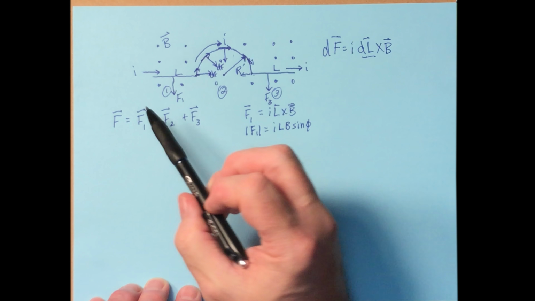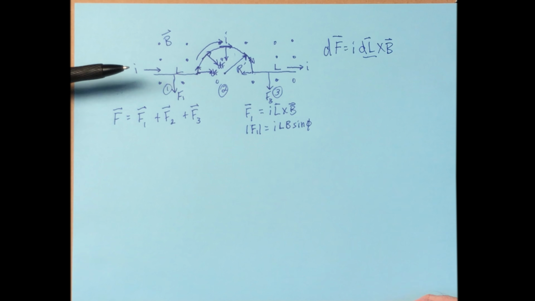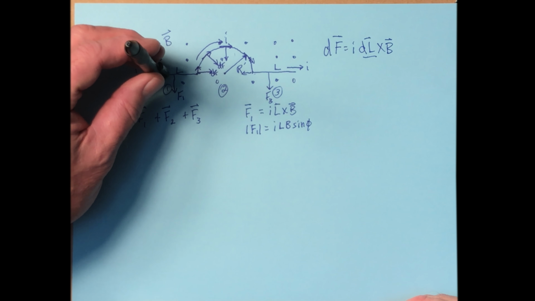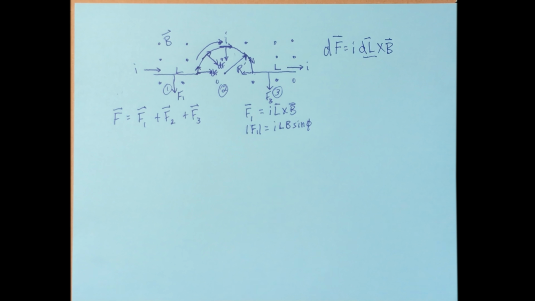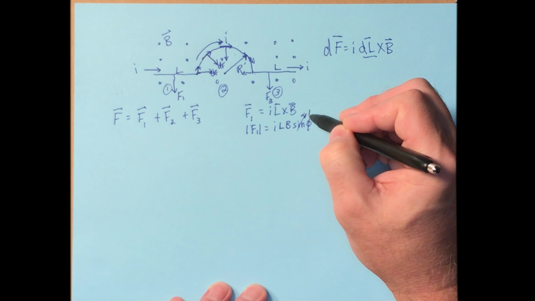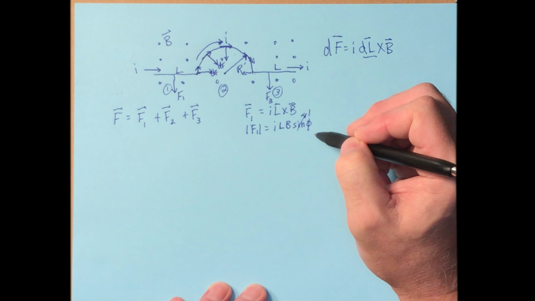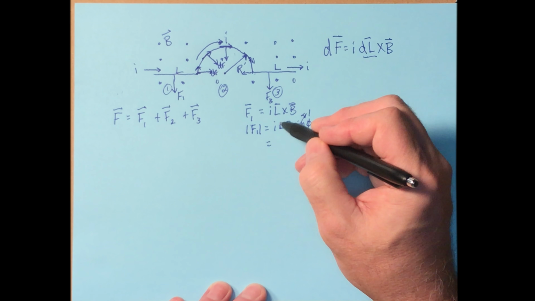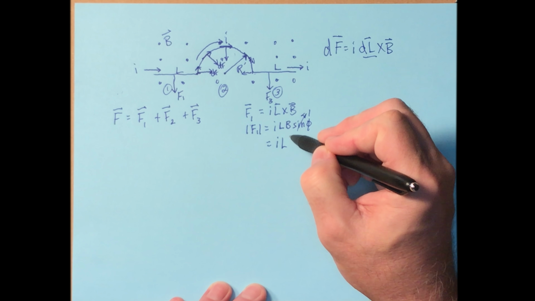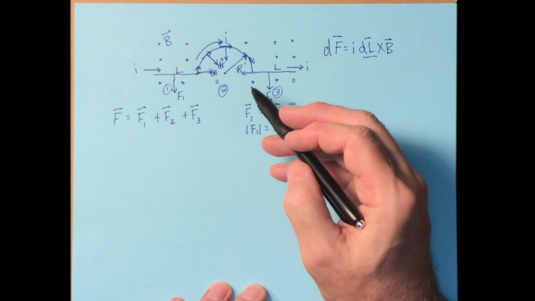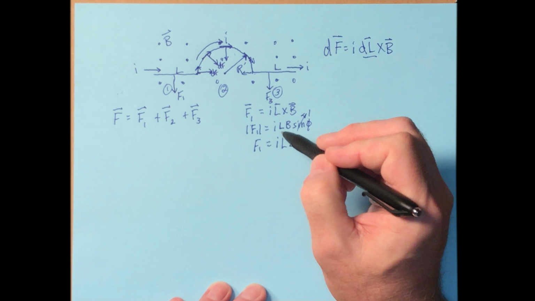Now, if you look here, L is in the plane of the paper, pointed in that direction. B is directly out of the plane that way. So the angle between L and B is 90 degrees, which makes the sine here 1. And our numeric value is just I, L, B. So if we had numeric values for I, L, and B, we could compute F1 here.